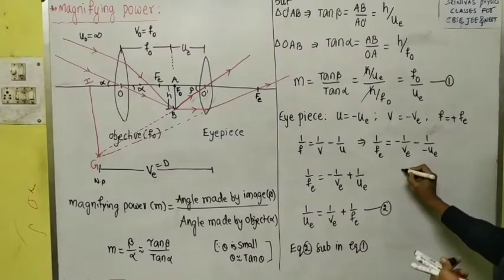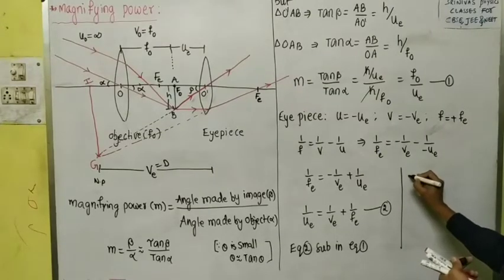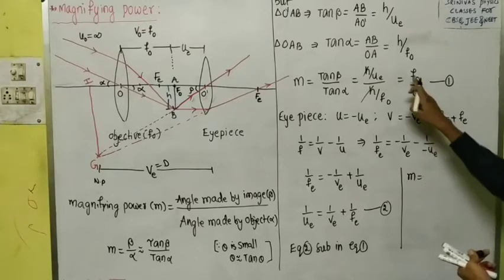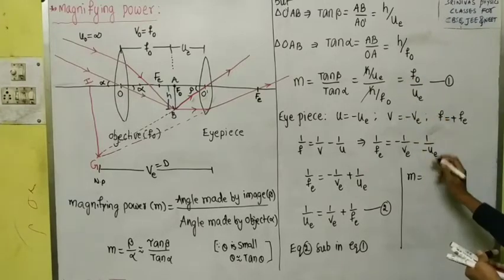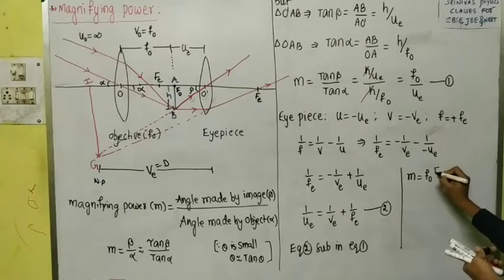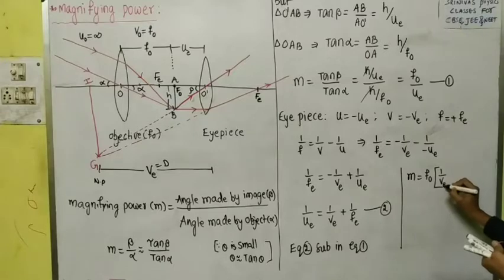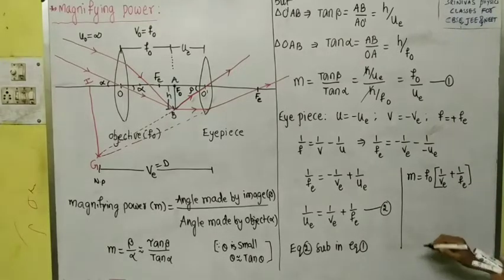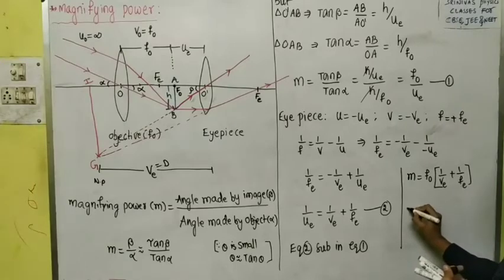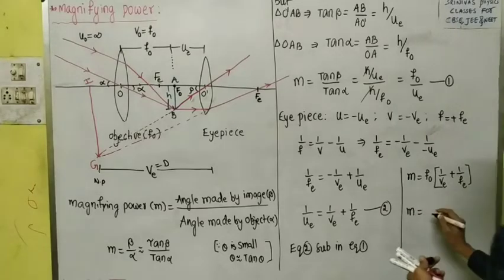If you substitute in that, then what will you get? You see here, equation 1 is F naught by UE. This we write as F naught into 1 by UE. But the 1 by UE is 1 by VE plus 1 by FE. And here we can take FE common.